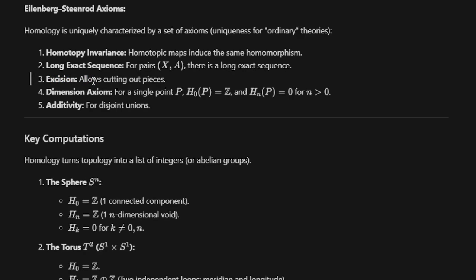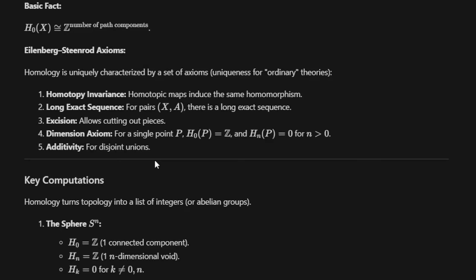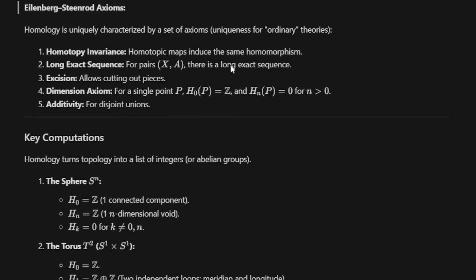Excision, so we can cut out pieces. Dimension axioms for singular points, the 0th homology group of a point is equal to the integers, and the homology group at n of the point is equal to 0 for all n greater than 0. And then additivity, again, we also have these for disjoint unions. And these 5 axioms give us the Eilenberg-Steenrod axioms. Okay, and homology is uniquely characterized by this set of axioms.